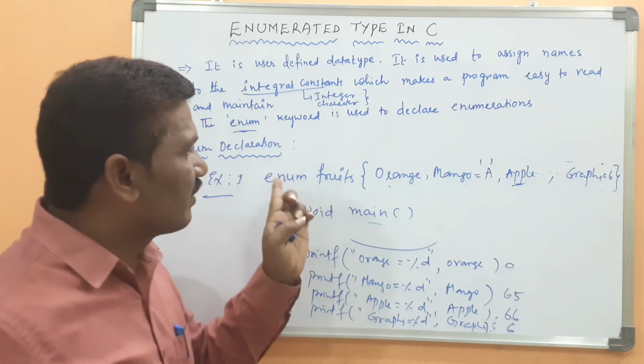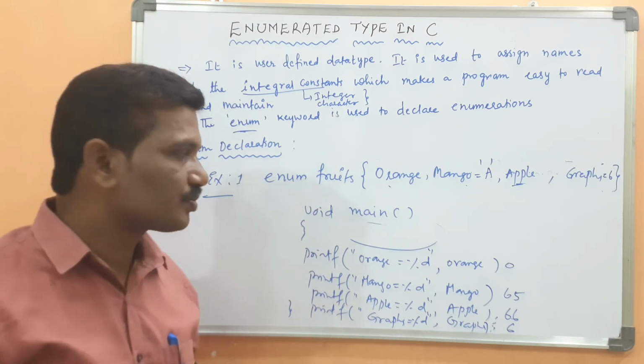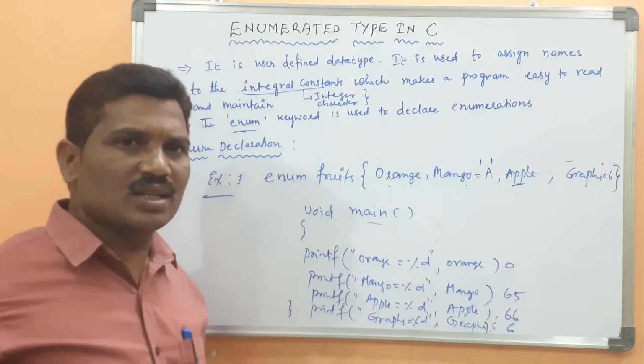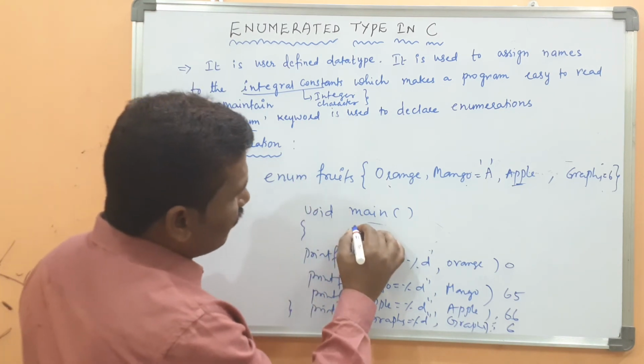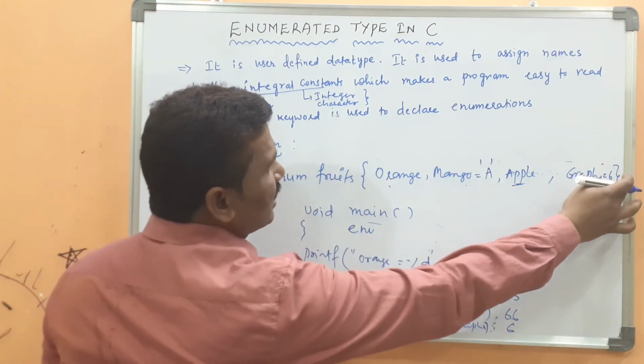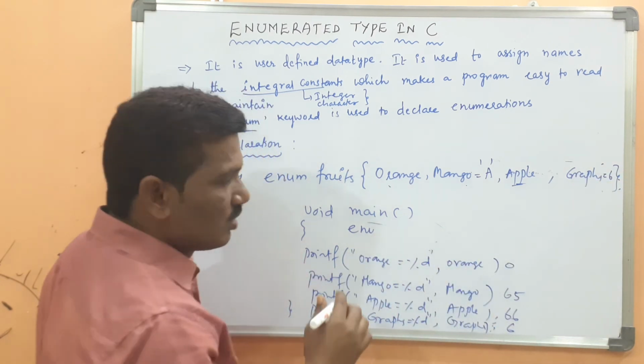But how do we declare a variable of the enumerated type? It is like the syntax of a structure or union. Enum fruits, and then for example you can declare x, y, z, so enum fruits x, y, z. You can declare it over here or here, there is no problem.